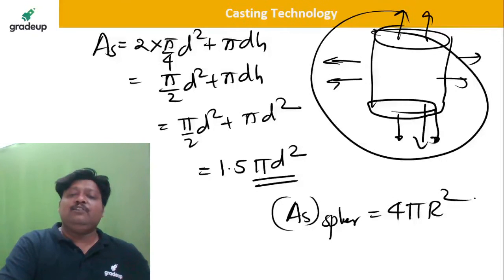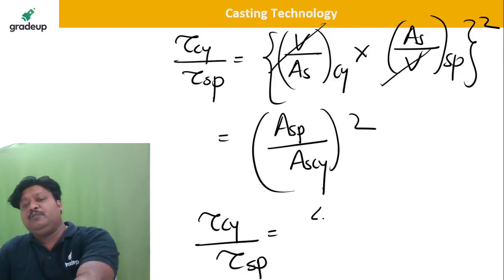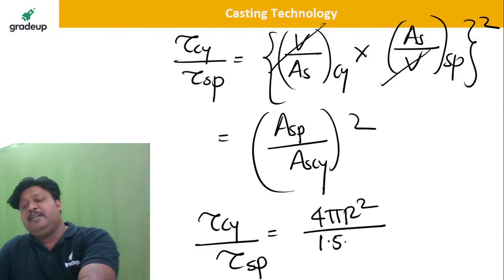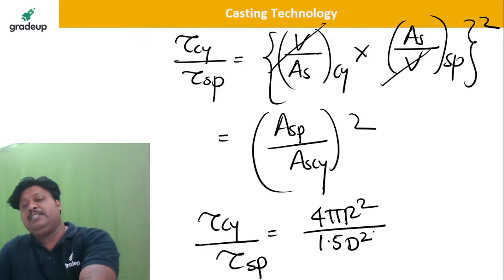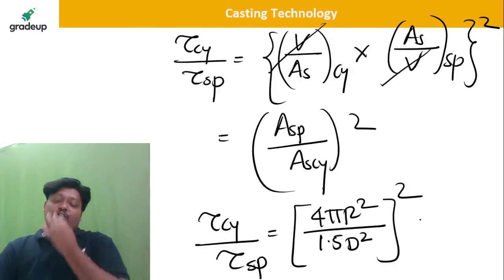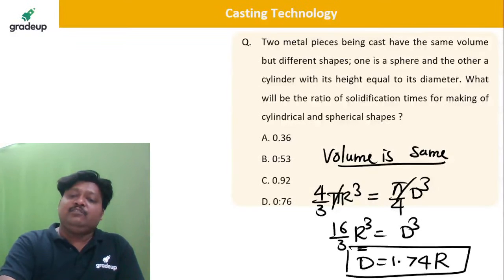So just write the values there in the formula. Surface area of the sphere 4 pi r square divided by what is there? 1.5, say D I am writing here in capital, so 1.5 D square whole bracket square. Tell me what is the value. Now what? R is equal to how much? There is a relation between D and r.